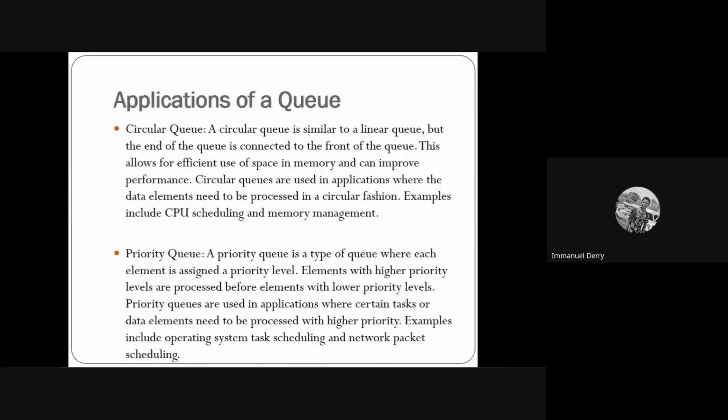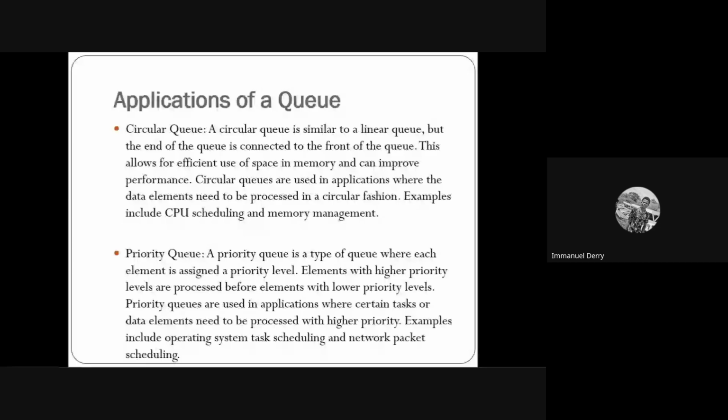And then we spoke about priority queue. So priority queue is a type of queue, as we learned earlier, where each element is assigned a priority level. And those with the highest priority, in most cases, are processed before elements with the lowest priority. So in some applications where certain tasks or data elements need to be processed with higher priority, then you can go in for the priority queue.